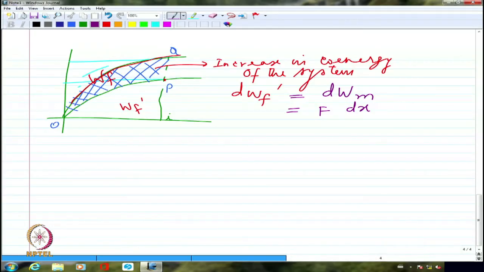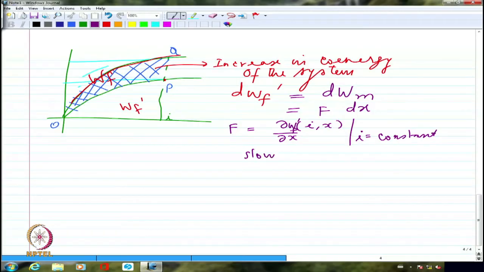So from this, I should be able to write f equal to a partial derivative, because Wf dash is a function of both I as well as x. But during this condition I am going to keep I constant, which means it is slow movement.